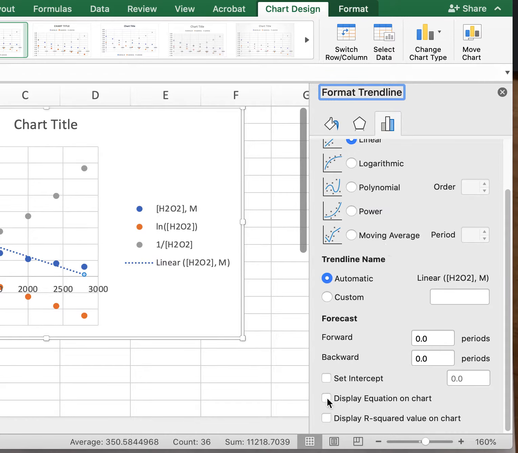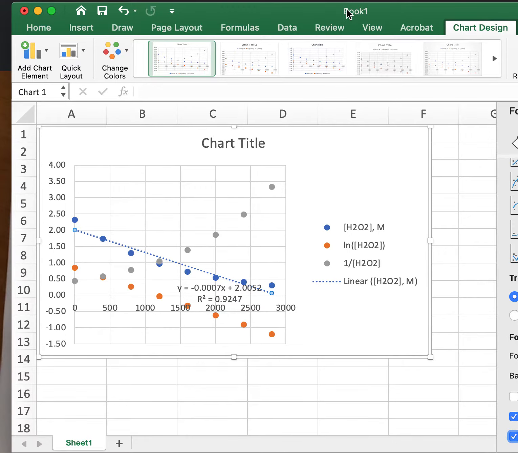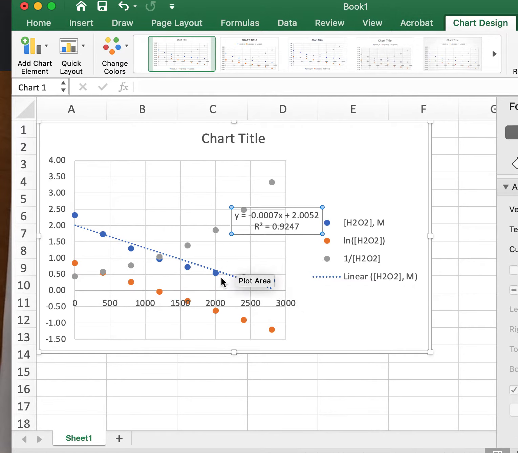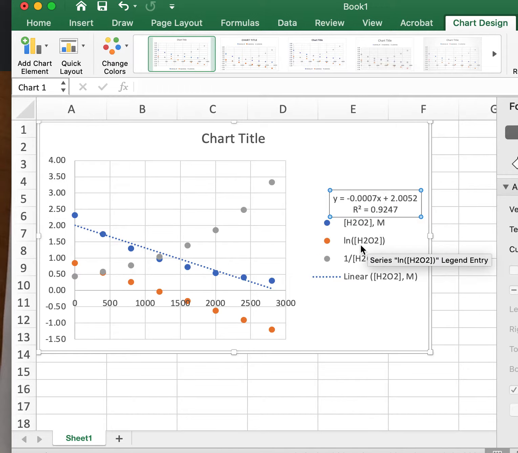We're going to go down to the bottom, display equation, and display r squared. And this is for the concentration versus time. Doesn't look like it fits the data that well.